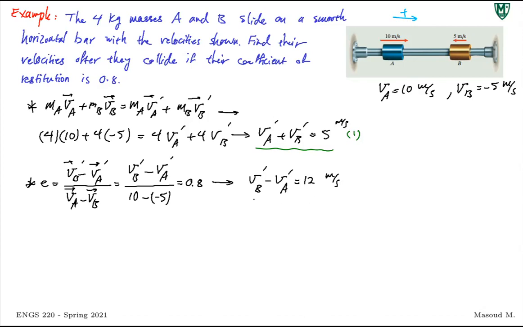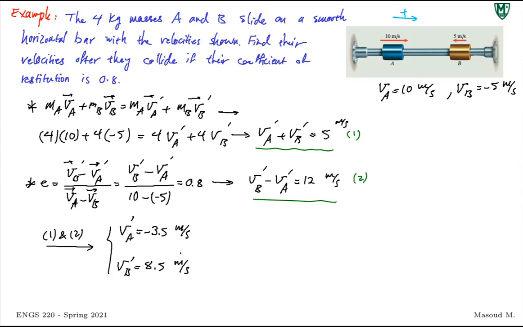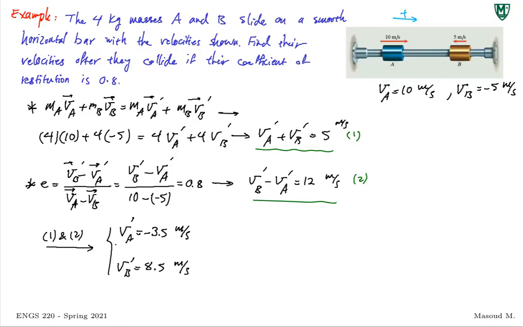This is equation 2. So you have two equations and two unknowns. Equations 1 and 2 will give you VA prime and VB prime, the velocity of object A after impact and the velocity of object B after impact. The velocity of object A after impact turns out to be minus 3.5 meters per second, and the velocity of object B after impact is 8.5 meters per second. These are what we were looking for.